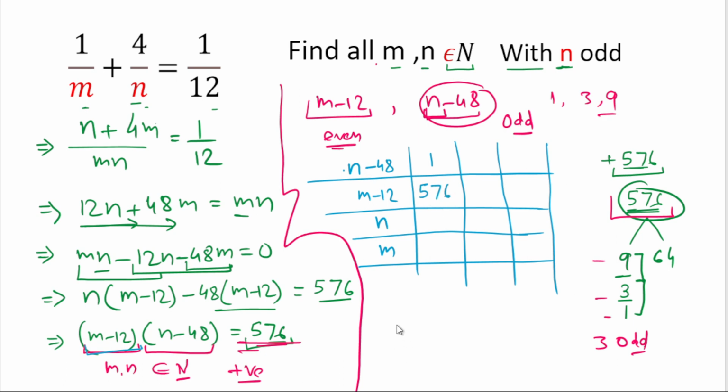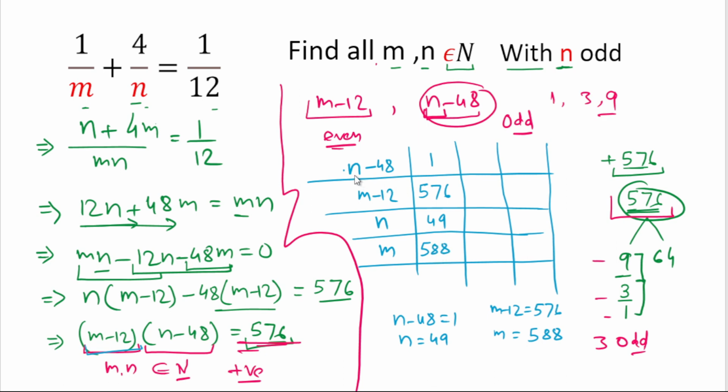If n minus 48 is equal to 1, then n will be 49. And if m minus 12 is 576, then m will be 12 plus 576, that is 588.